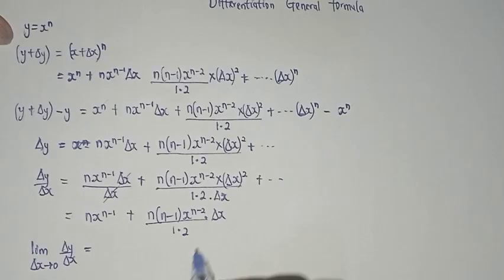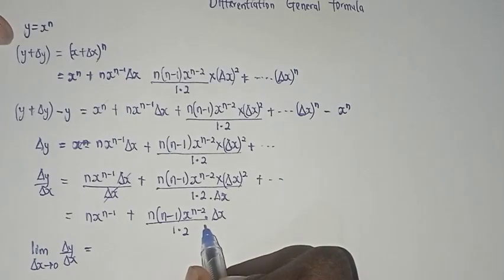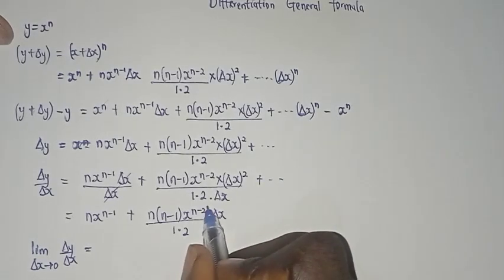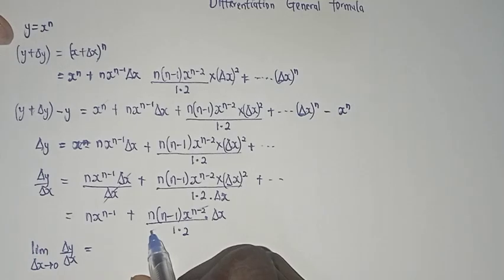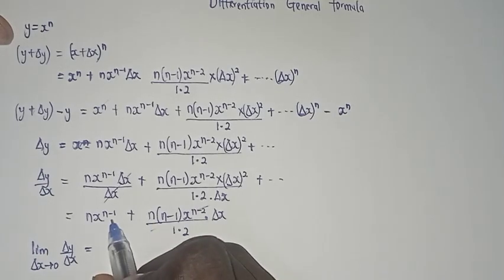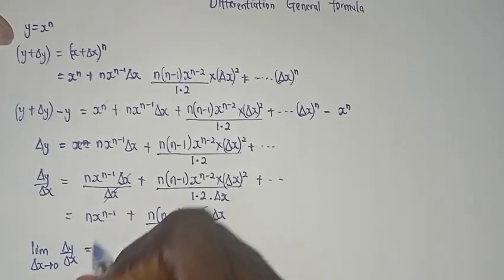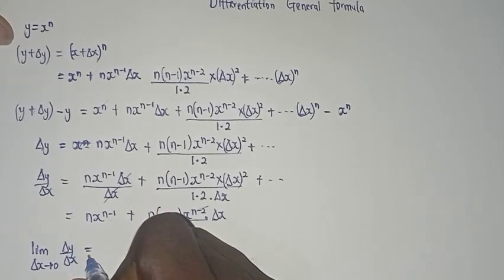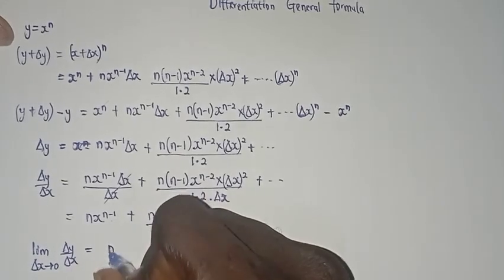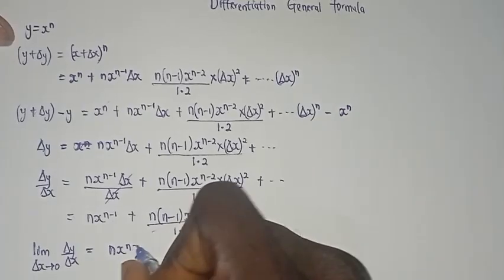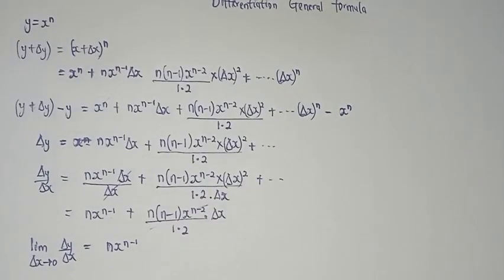So if we substitute delta x to be 0, this cancels out, this becomes 0. In this first term, we do not have delta x, so limit as delta x tends to 0 of delta y over delta x equal to n x^(n-1), right?